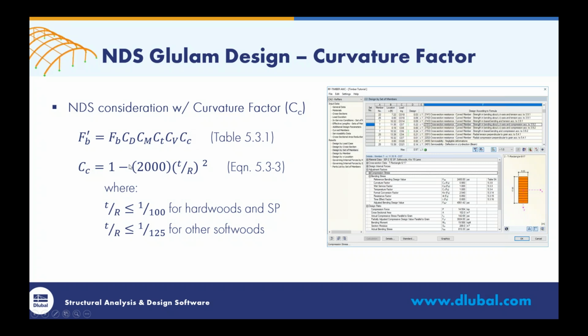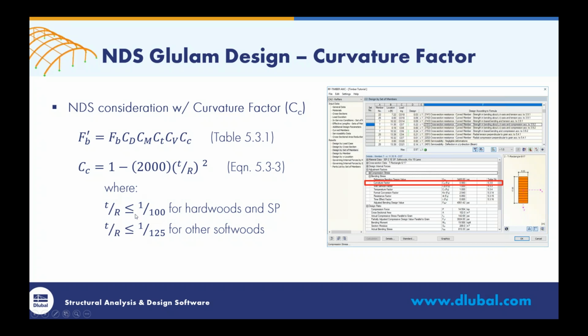The curvature factor is calculated according to equation 5.3-3, and we can see that equation given here. So we will take into consideration this curvature factor within the add-on module RF-TIMBER AWC, and we will see this listed in our results here. So this is going to accurately account for the increase of that bending stress for 1D member elements.